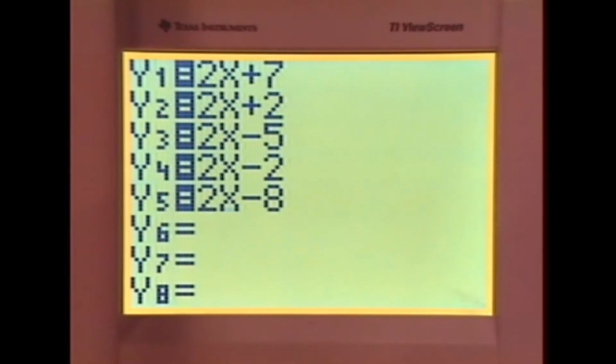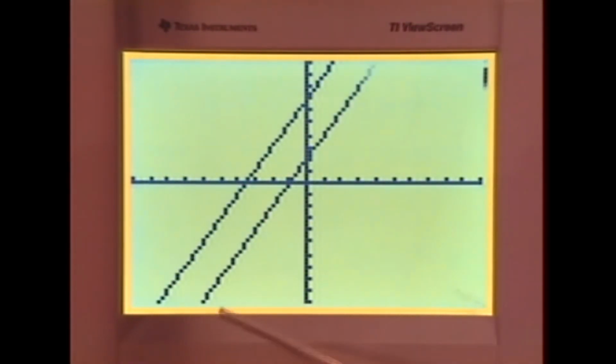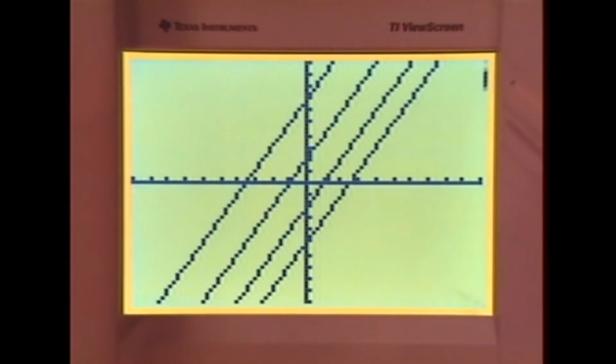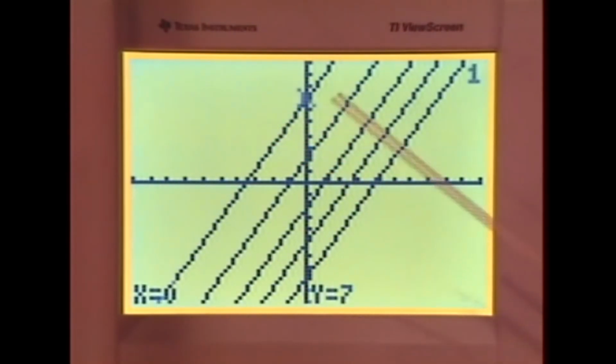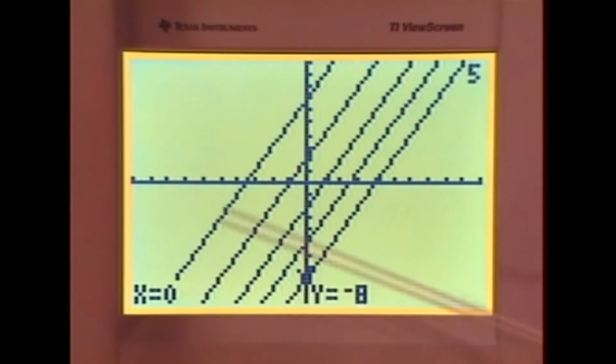Let's see if the lines are still parallel, but having a greater slope. They rise even faster than before, and they're still parallel. What has changed and what has remained the same? If we trace, we see that the intercepts are all as before because the b's haven't changed. But what remains the same is that they are parallel.